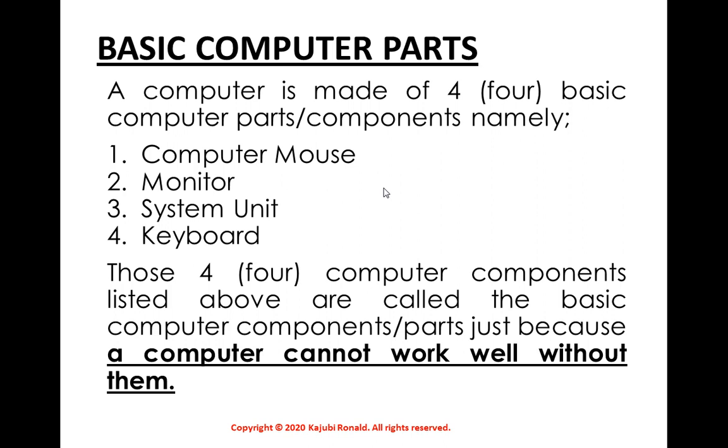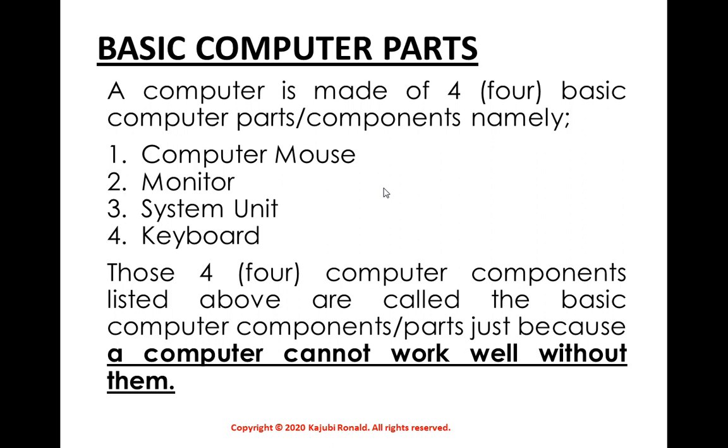And therefore, it doesn't mean a computer is comprised of only 4 parts. No. But they are the basic ones, the most important ones. Without them, a computer cannot work well. That's why we call them basic computer parts.